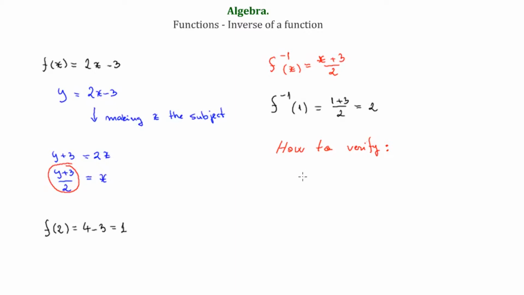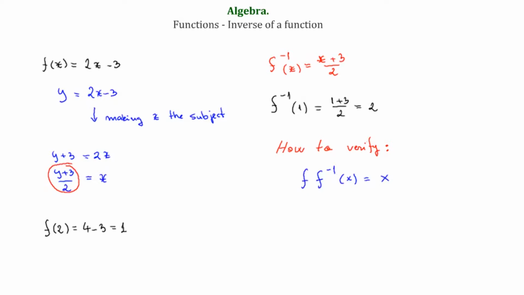And that property is that the composite between the function and its inverse will always be equal to x, which is actually the identity function. So every time we do the composite between f and its inverse, we should get x.